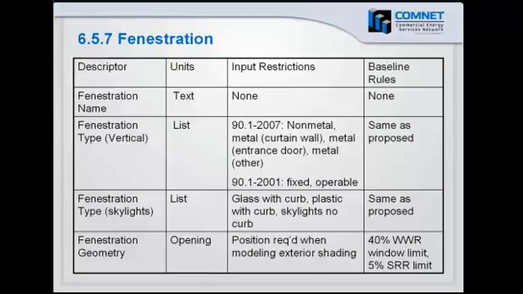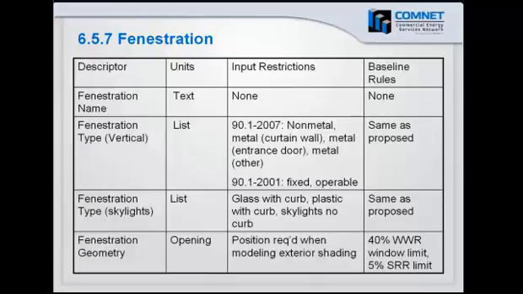For vertical, we have different criteria for the type, or different lists of options for green building ratings, which is the 2007 standard, than we do for 2001, which just allowed either a choice of fixed or operable. For 2007, we have non-metal, metal, which could be either a curtain wall or entrance door, or other metal types of fenestration. So the type is set to match whatever the proposed design is. It will be the same for the baseline building.